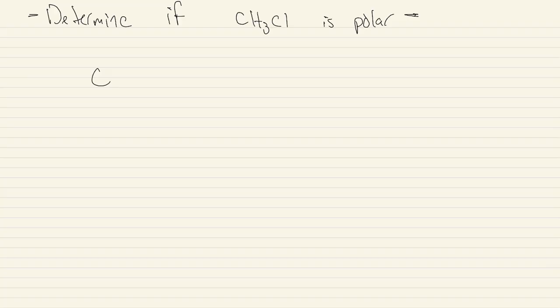Carbon, right? It's going to be the least electronegative because halogens and hydrogens like to go outside, right? So carbon has 4 valence electrons. Chlorine has how many? 7, because it's in what group? 7. And then hydrogen has how many? 1, right? So when we connect the dots, our Lewis structure is going to look like this.